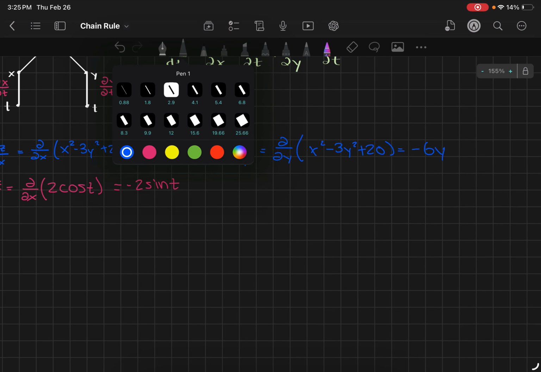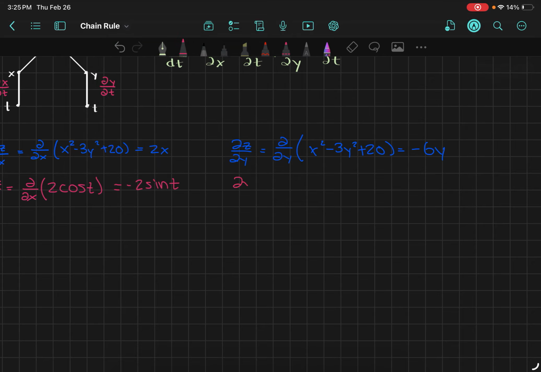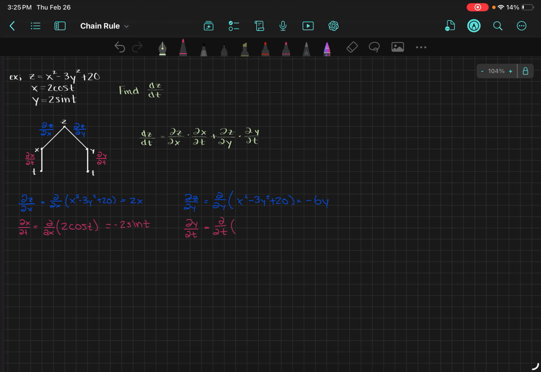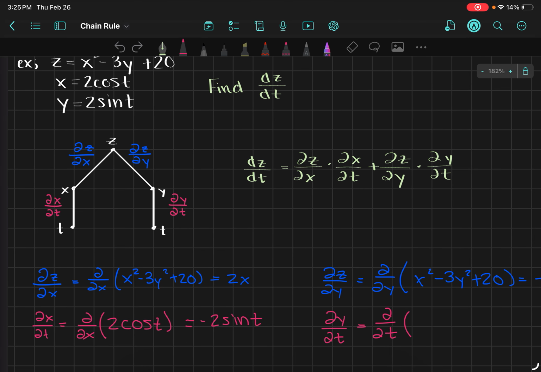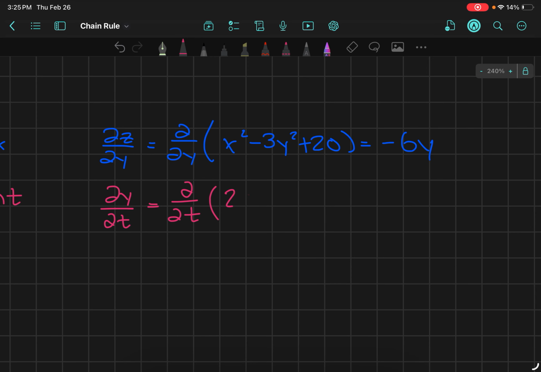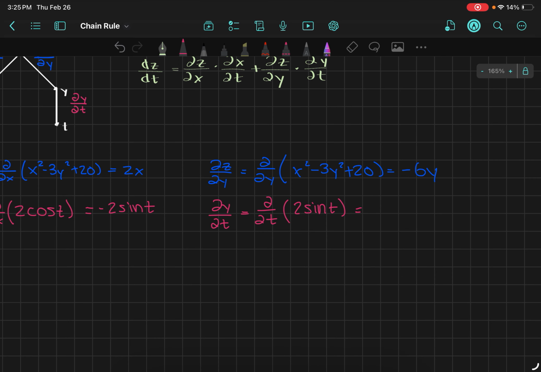Now we are going to calculate our dy/dt, which is going to be the partial of y with respect to t, with our y being this function right here, 2 sine t. Recall that the derivative of sine is cosine, so we just have 2 cosine t.